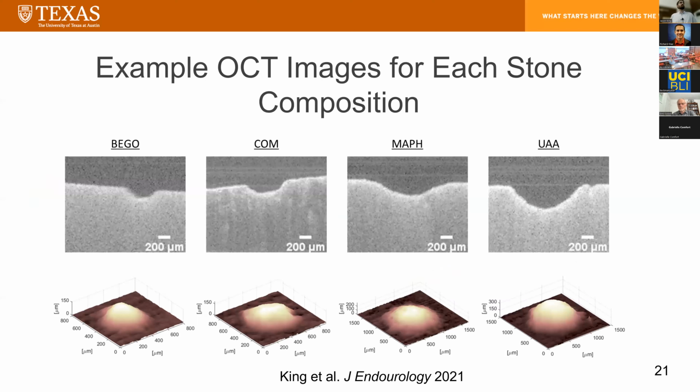So here are craters for 4 different types of stones. And you can see the size of them varies quite a bit when you're comparing the dense material of Vigo stone and calm versus the more mechanically weak material of struvite and uric acid.